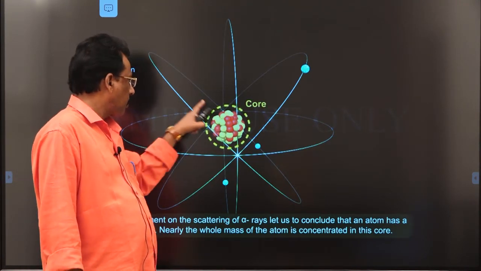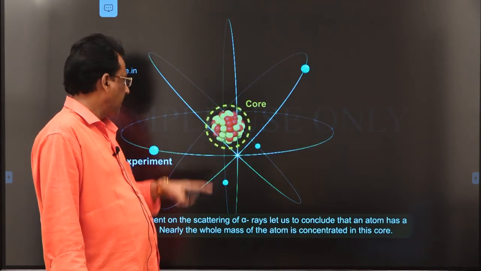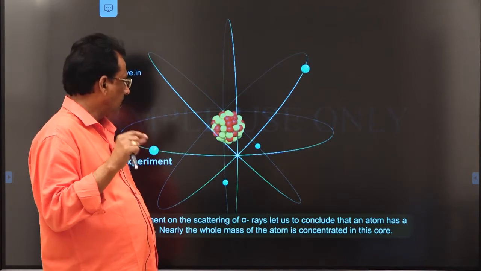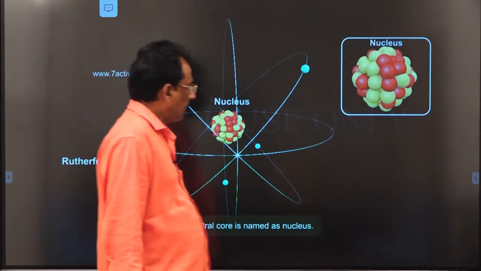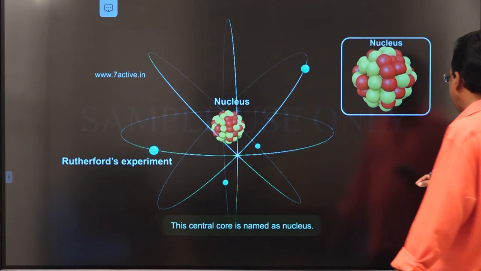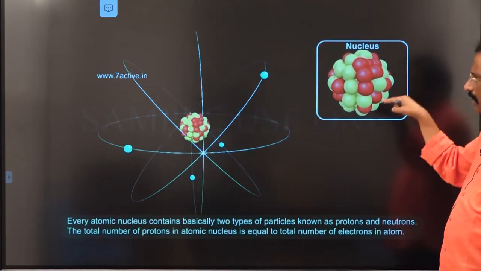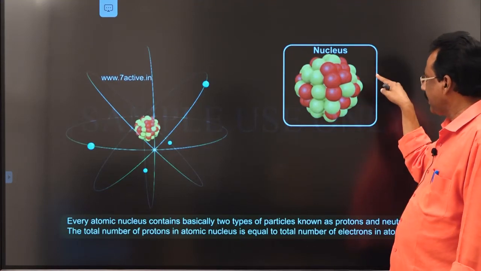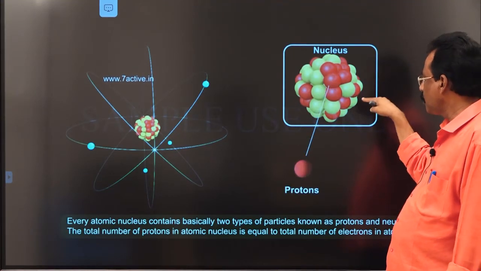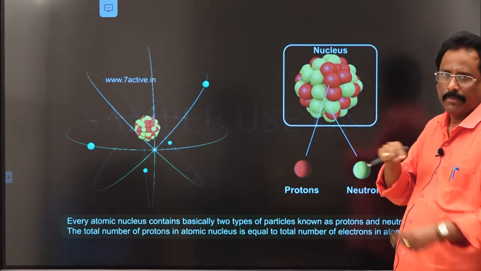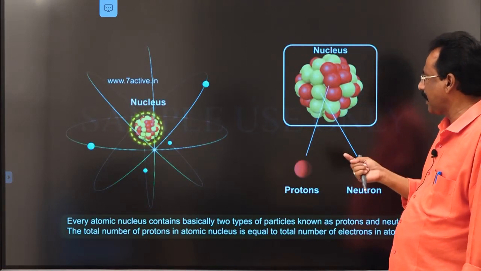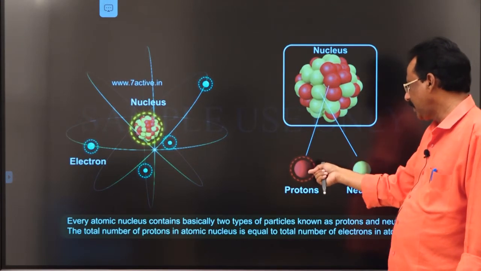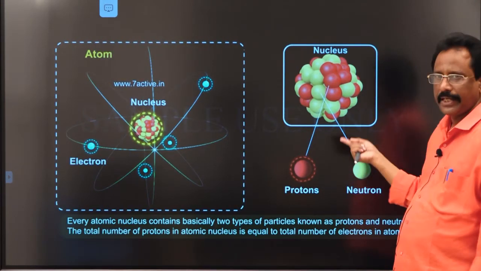Its charge is positive, that nucleus containing protons and neutrons. That means almost all mass of the atom and positive charge is concentrated at the center part of the atom, which he called the nucleus. Among the three fundamental particles, the massive particles are proton and neutron. When compared with proton, neutron mass is slightly more.